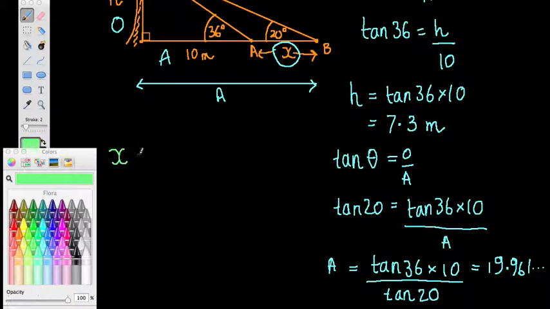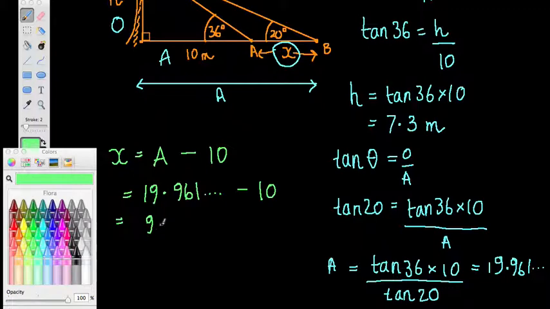If I'm trying to find x, I'm going to take this whole side here, which I called A, and subtract 10, because x here is the difference between those two lengths. You'll still have this value in your calculator, minus the 10, 9.961, etc.